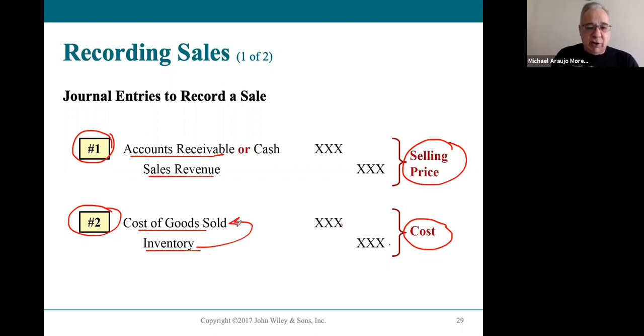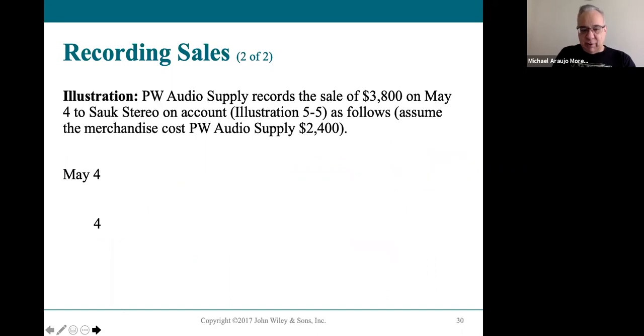Inventory eventually turns to cost of goods sold when you're selling it. So that's very important too. Look, two things are going to happen. And of course, the cost to the business is going to be different than the selling price. You're going to sell it for a lot more, as much as you can. So these numbers are going to be different, and that's another thing you have to pay attention to. They give you the number.